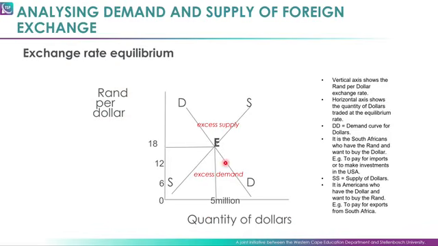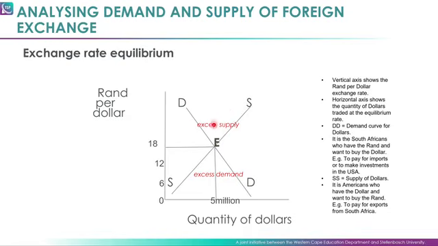And then when we're doing equilibrium, equilibrium always exists where demand and supply are equal, so the point where the demand curve meets the supply curve will be your equilibrium point, which is represented by the letter E, right? Anything above the equilibrium, you can see from the graph. Look at where supply is, look at where demand is.